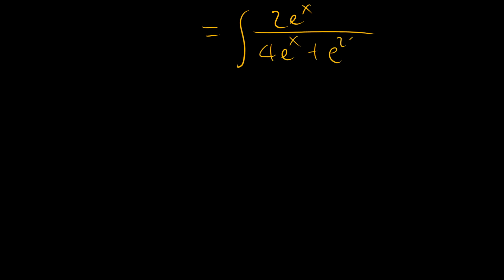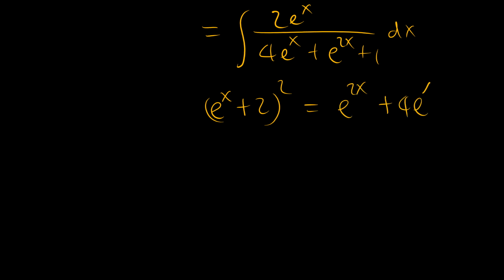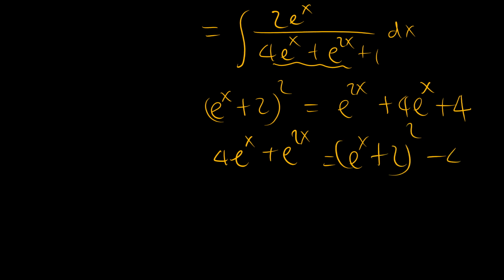Now, if we have our problem as shown here, e to the power x plus 2 squared is equal to e to the power 2x plus 4 e to the power x plus 4. And so in other words, e to the power 2x plus 4 e to the power x is the same as e to the power x plus 2 squared minus 4, right?